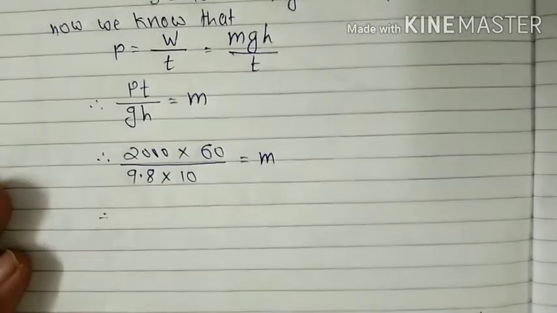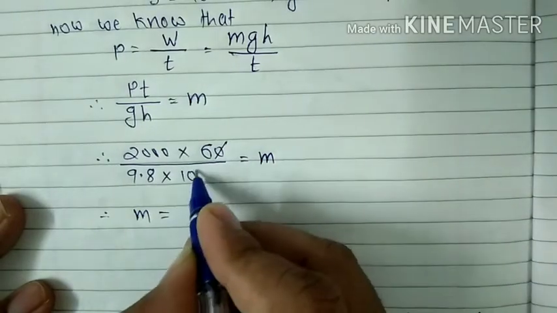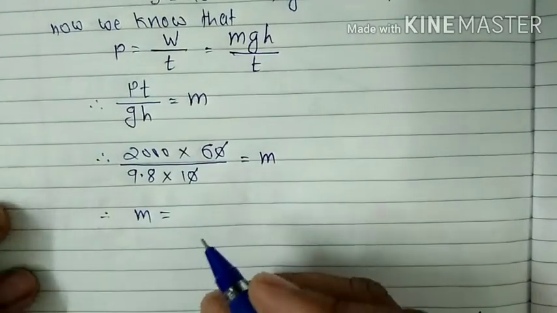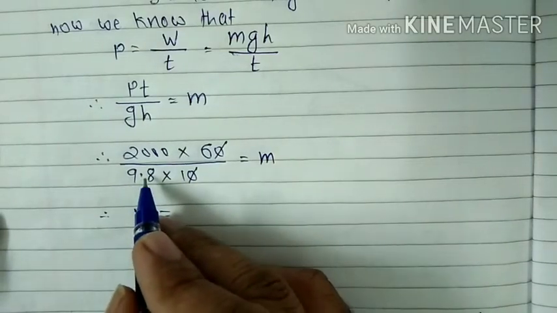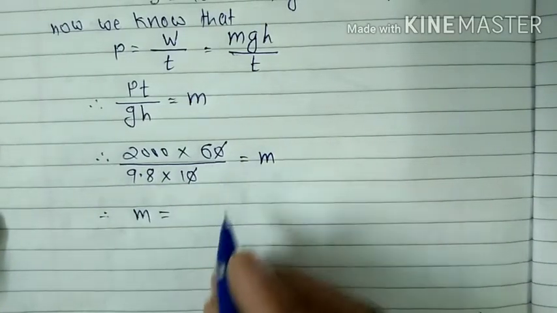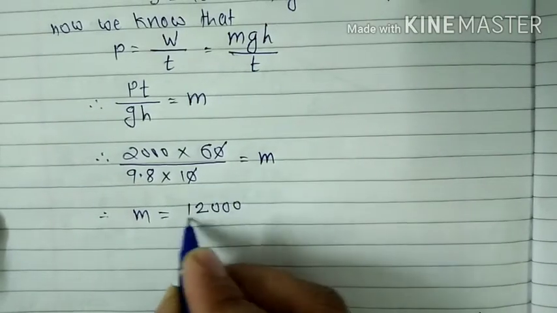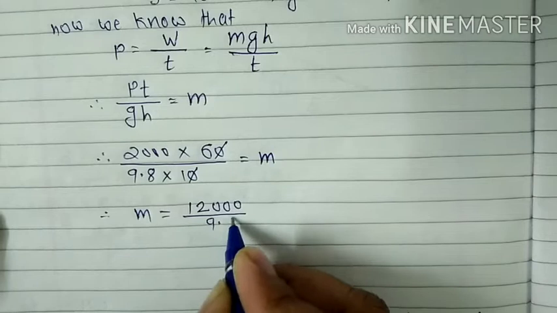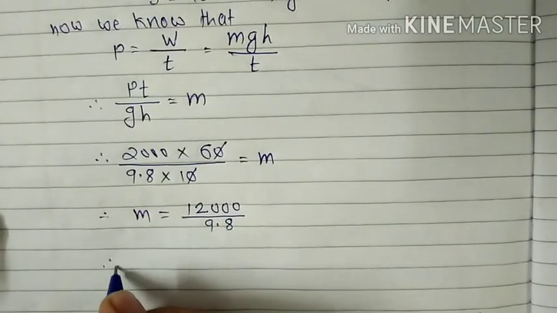Therefore m is equal to, इसको solve करते हैं, that one is cancelled, 0 0 get cancelled. So let us multiply this 2000 into 6, that means 12,000 upon 9.8. आप आपके मेथड से कैलकुलेशन कर लो.